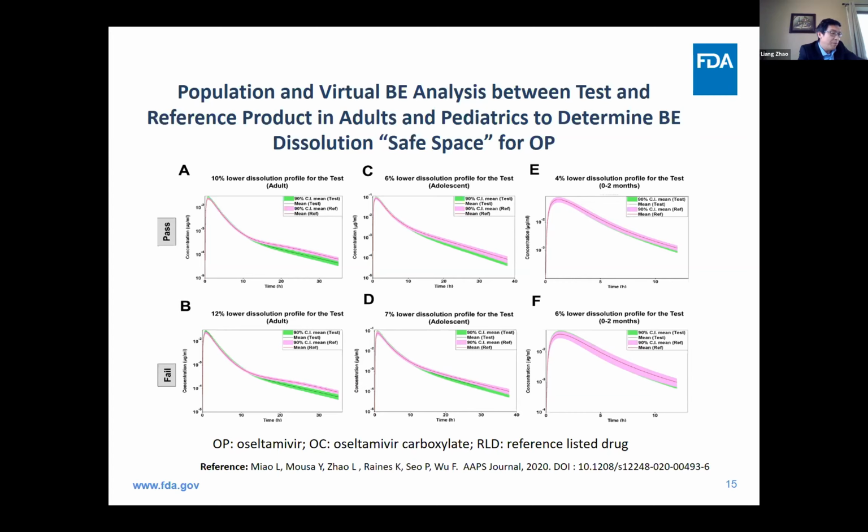And as shown in figure B, the test product with 12% slower dissolution would fail to meet BE criteria. While as shown in figure C and figure E, a more stringent dissolution boundary was observed for pediatrics: a 6% slower dissolution boundary for adolescents, and a 4% slower boundary for neonates.